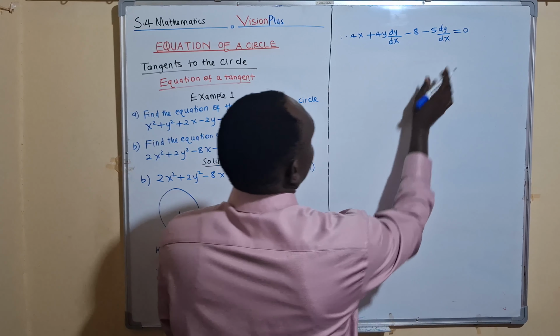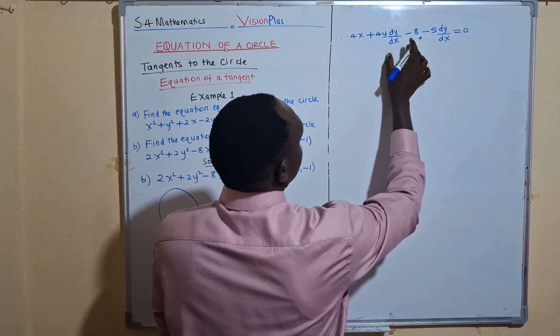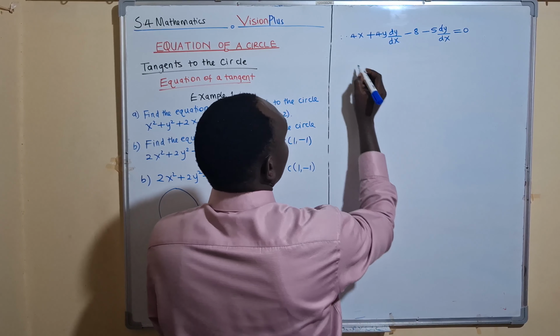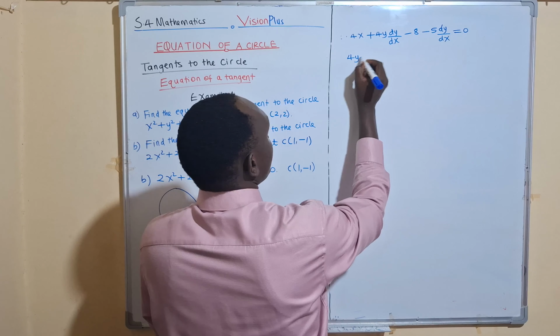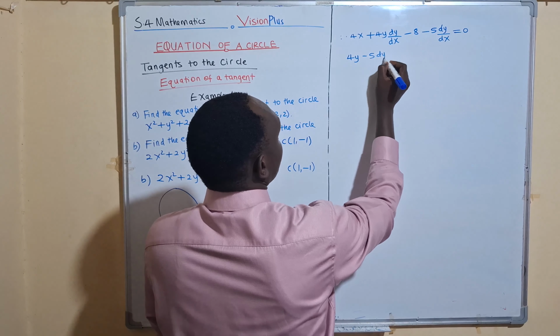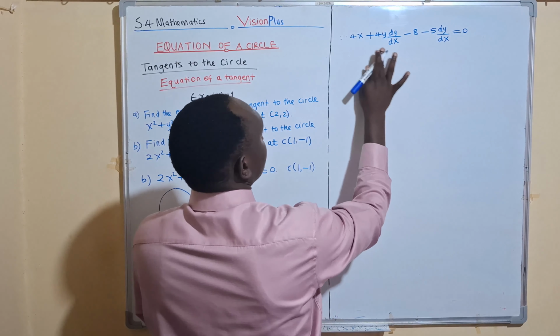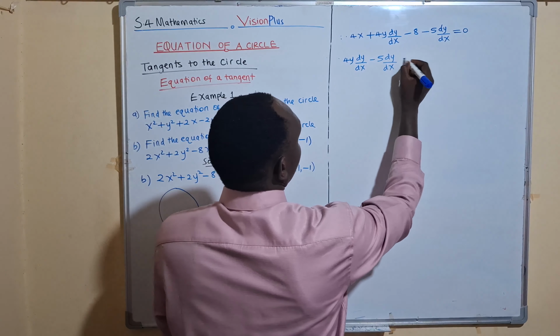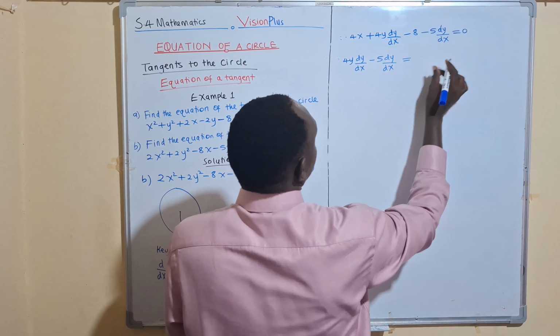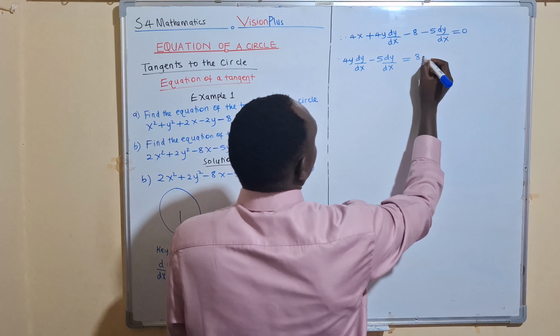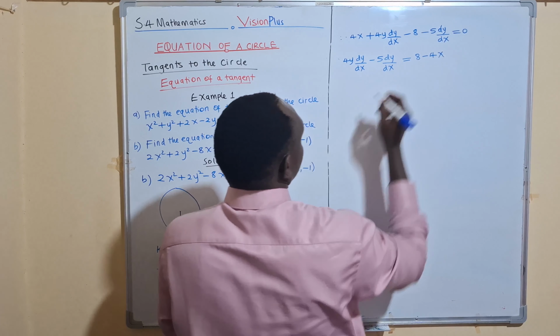So from here we need to make dy/dx the subject, so we connect them together. That gives us here 4y dy/dx minus 5 dy/dx equals, I take the x to that side, it becomes positive 8, then 4x becomes negative.